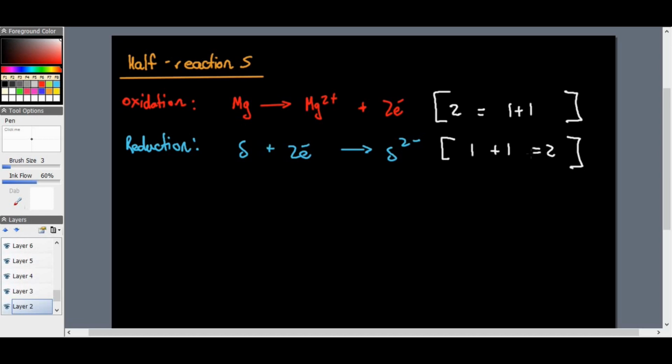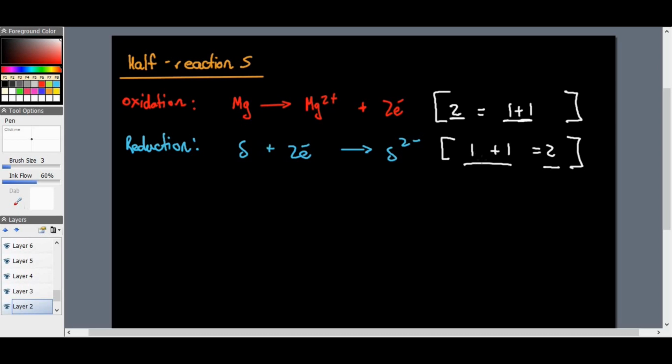This is my own method, my own tips, my own tactics. It might not work for you, but if you can understand mine, it might just. Obviously here, this Mg will represent this 2, saying that 2 is equal to 1 plus 1. So I'm writing this sum here, 1 plus 1 equals 2, the other way around, for oxidation.